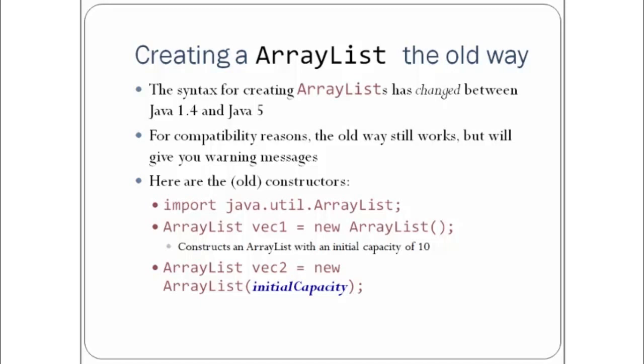This constructs an ArrayList with an initial capacity of 10. If you are not passing any initial capacity, it will take the default capacity, which is 10. After that, ArrayList vector2 equals new ArrayList, and you can pass your initial capacity also if you want to change it, increase or decrease it from 10.